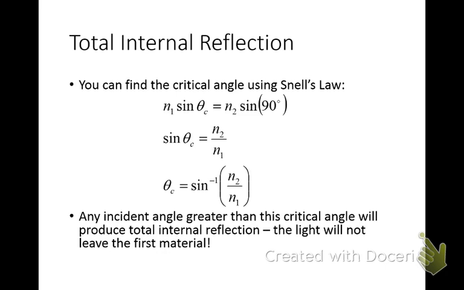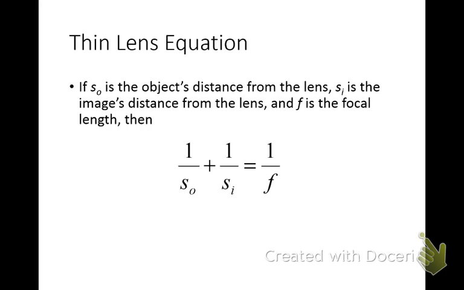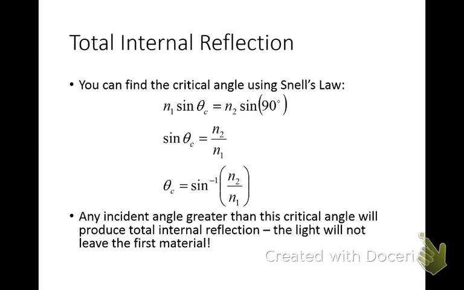Any angle higher than this, there won't be any refraction because Snell's law breaks down, and you end up with just reflection back into it. Total internal reflection. So you can find the critical angle, basically just the inverse sine, or the arc sine, of n2 over n1, where n2 is the second material, the smaller index of refraction.